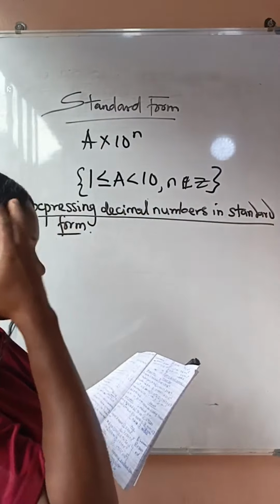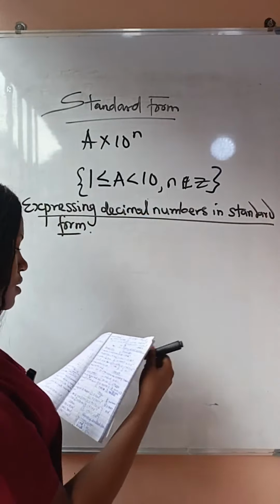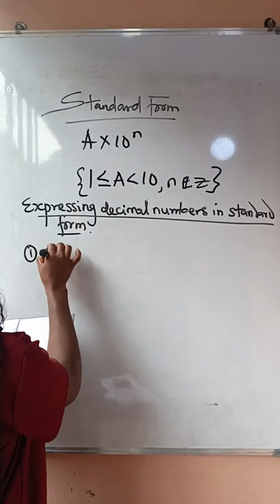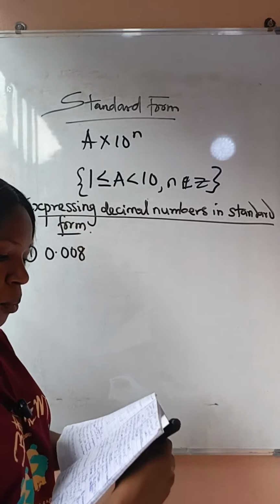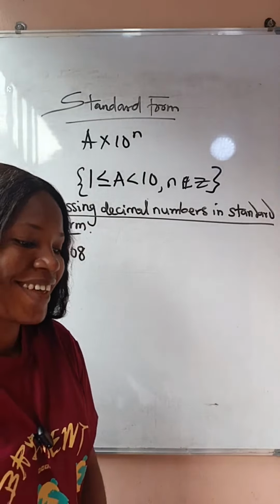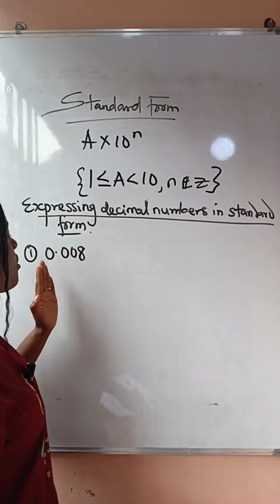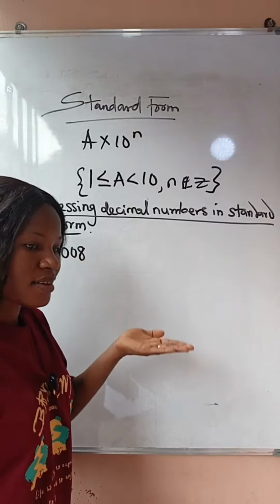All right. So the first one says express 0.008 in standard form.